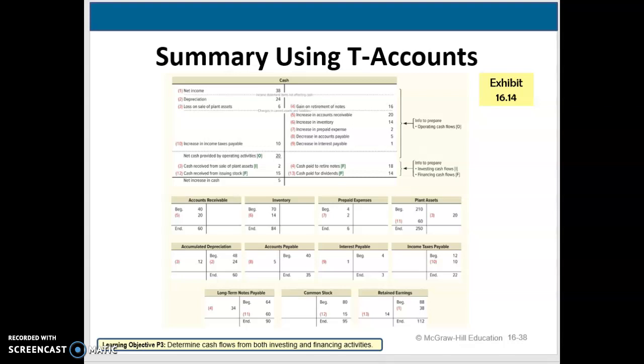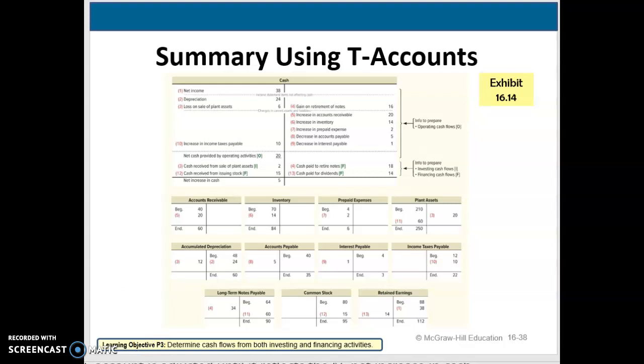Entries 5 and 10 adjust net income for changes in current asset and current liability accounts. Entry 11 records the non-cash investing and financing transaction involving a $60 purchase of assets by issuing $60 of notes. And then entries 12 and 13 record the $15 stock issuance and the $14 dividend. So that's how we can use our T accounts to summarize what we need.